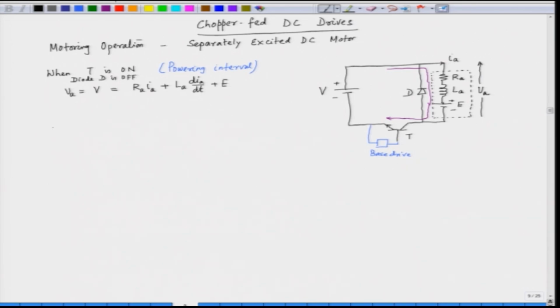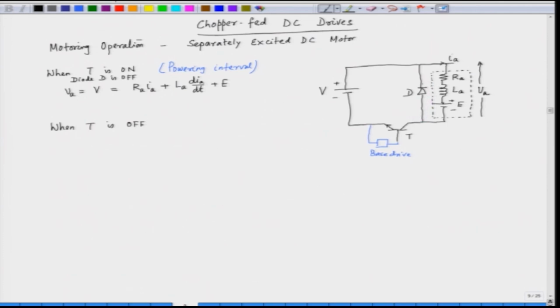Now, when T is off, when we switch off the transistor, this current path is broken, so there is no current flowing through the transistor.